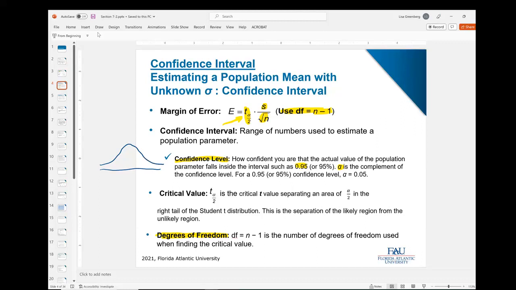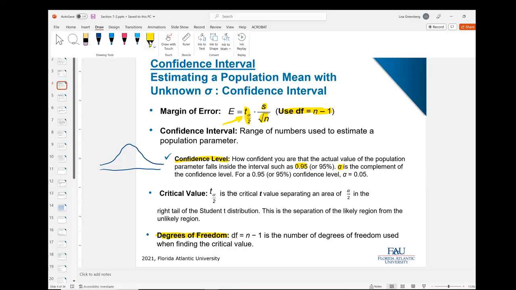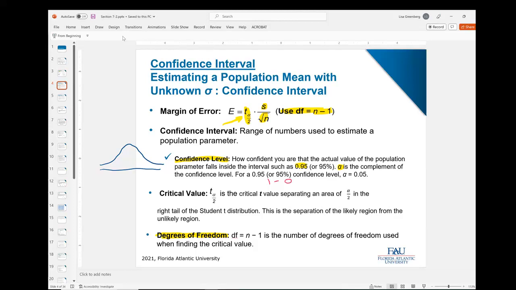Okay. And then what we're going to do is say, we have this normal curve. And if I want a 95% confidence interval, alpha is going to be 1 minus 0.95, which is equal to 0.05.